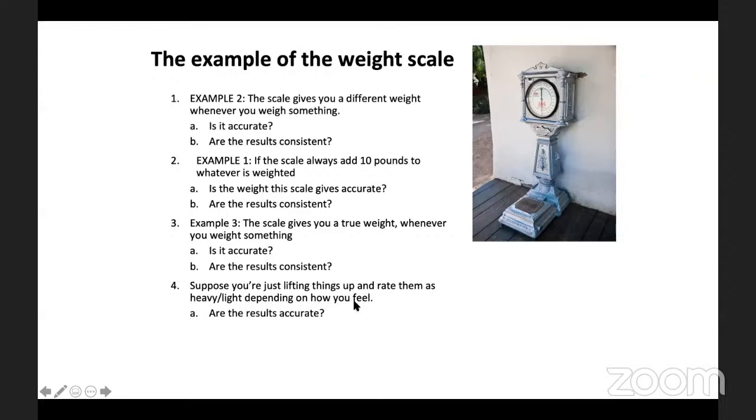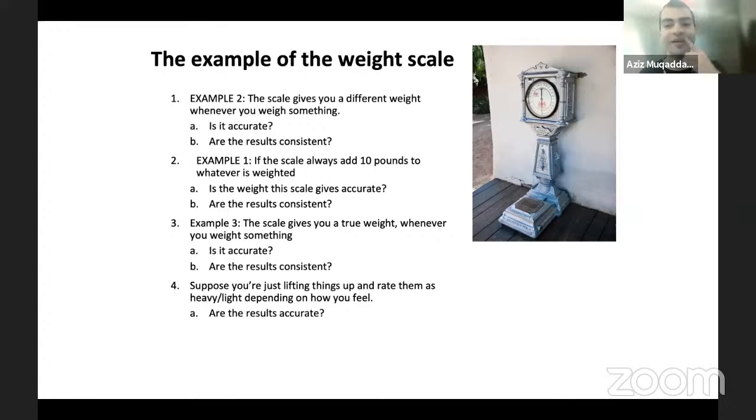So what you're pretty much saying is that it's just consistently wrong, correct? Yeah, that's a very good question. It is consistently inaccurate, but that inaccurate result is predictable. Like what Anna said, if you have that scale, you can pretty much use it, but you would just subtract 10 pounds from whatever you're weighing, right?